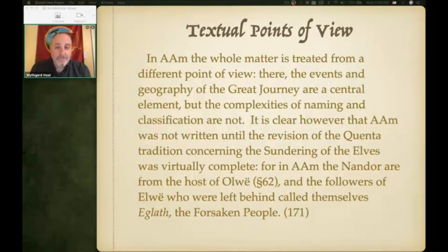The Annals are interested in events and geography and characters, I would say. We got a lot of digressions, not just the super digression we were just looking at, right? The catalog of all the names and epithets of the different kindreds, right? But think about all those details we got about the people of Dôn splitting off and when they came back and everything else. Not to mention all of those classification things. Like, who counts as Calaquendi?